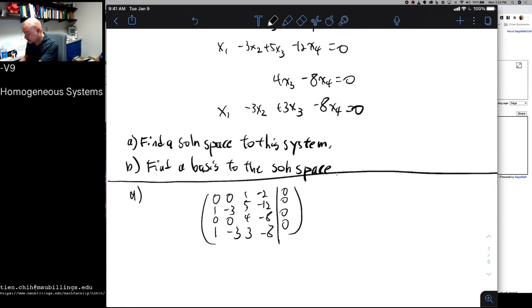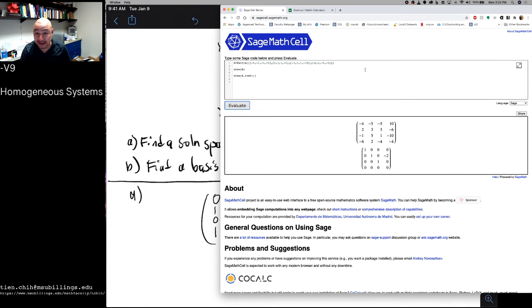And so as I solve this system, what I need to do is to identify the reduced row echelon matrix. So let's enter in our rows.